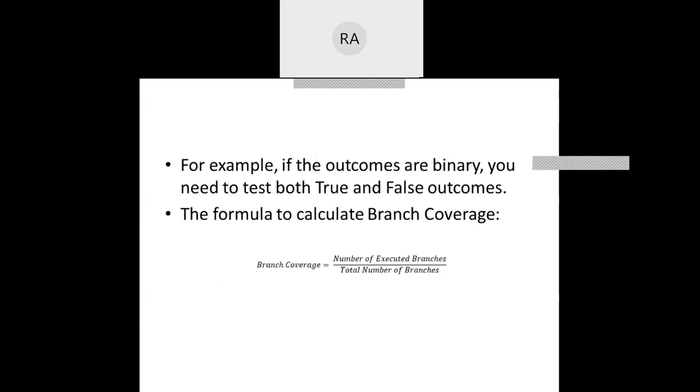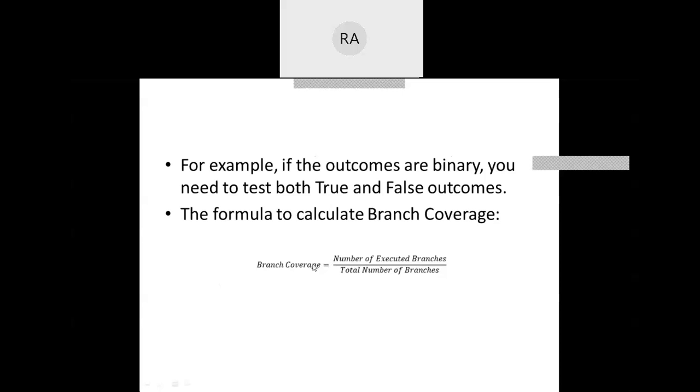Decision coverage did not emphasize testing both outcomes; whatever outcome occurred, we expressed the coverage with that. But here, it is your responsibility to write test cases that test both true and false outcomes, because you are dealing with the branches of a conditional statement.